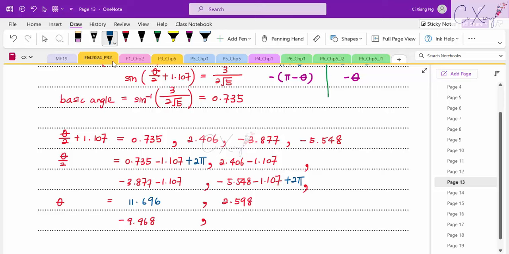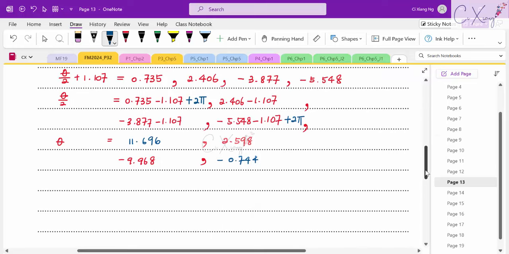After that, you need to multiply it with 2. So you're having negative 0.744, something like that. If you double check your answer now, everything goes back to normal. That means your theta has 2 positive values which are in the range, and also 2 negative values which are also in the range.